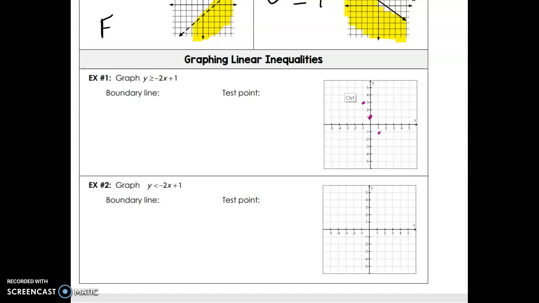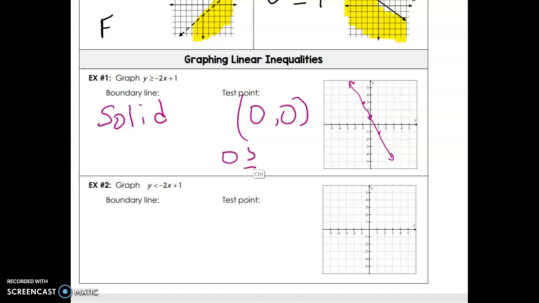We have a solid line because the inequality says it's equal to as well. Okay, so when it says boundary line, that's your solid line. Your test point, we are going to use 0, 0. Okay. Is 0 greater than or equal to 1? Hopefully you're saying no. So you cannot shade where it's 0, 0.